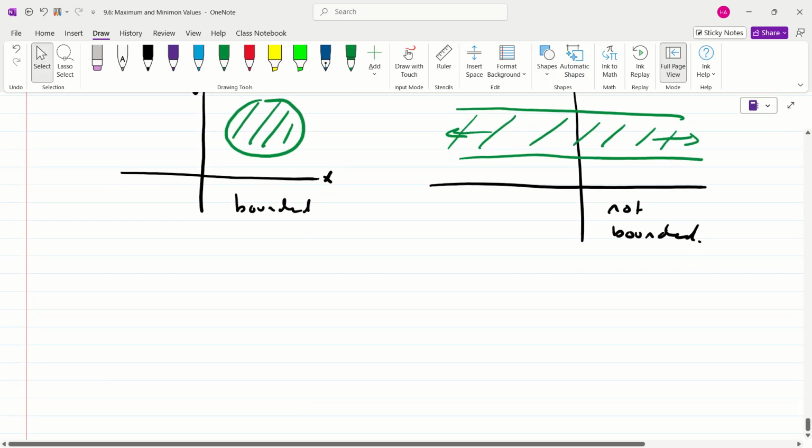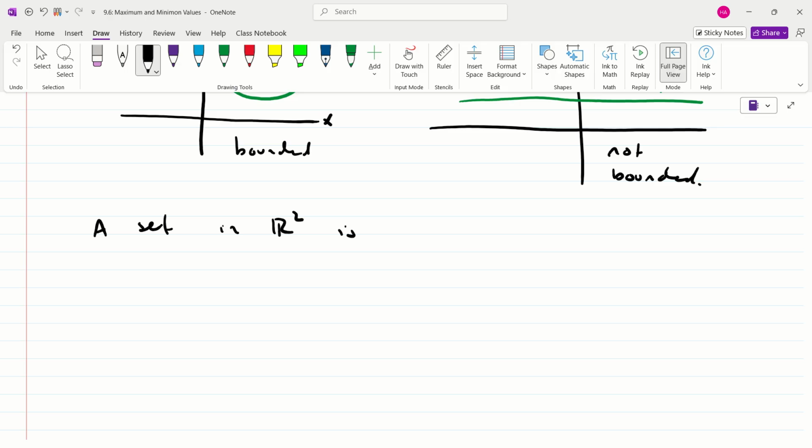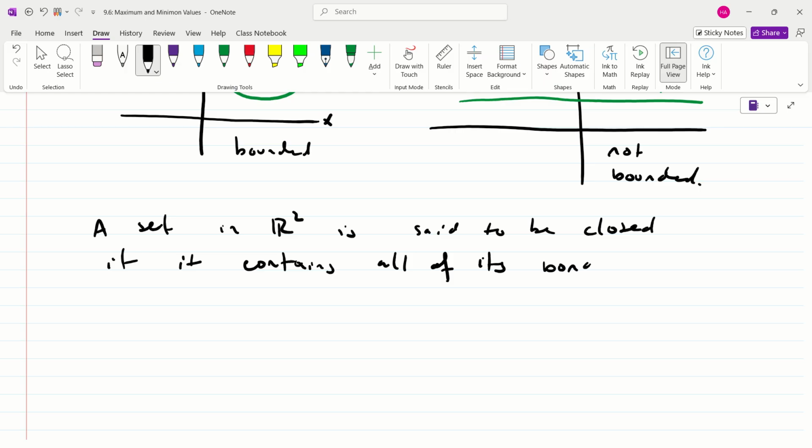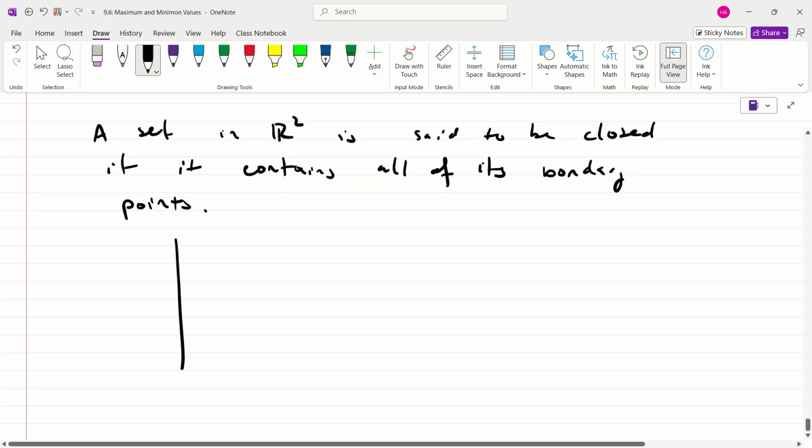We also need to talk about the concept of a closed set. A set in R2 is said to be closed if it contains all of its boundary points. So again, in 2 dimensions, the xy plane.